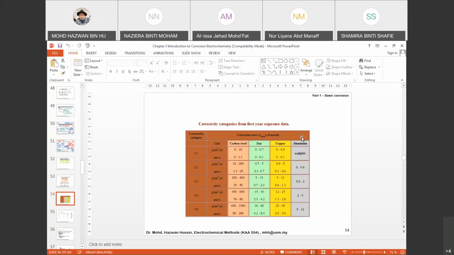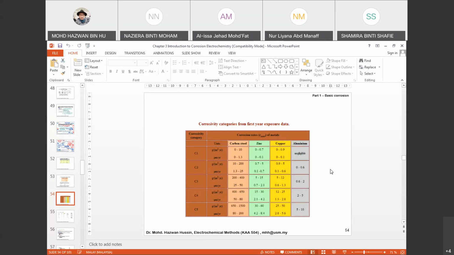As you can see here, for aluminium, even a slight change, normally just 0.01 or 0.001, is already classified as class 2, because aluminium, for your information, is known to be a very reactive metal. Immediately, if you put aluminium in water or in acid, it will react spontaneously. Then any slight difference in corrosion rate means that the material will experience corrosion.